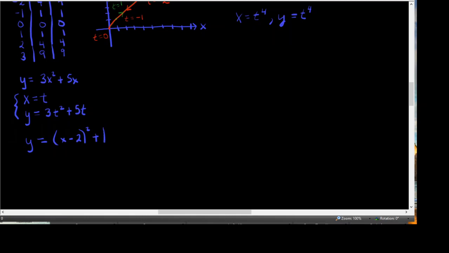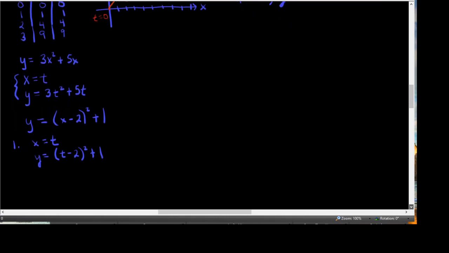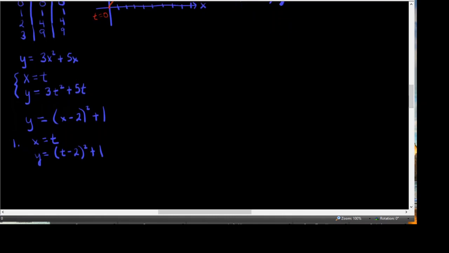All right, so the simplest choice for the first one is to let x equal t, and y will be (t minus 2) quantity squared plus 1. That's the easy one. That's the one that's going to be the fastest and easiest to get.